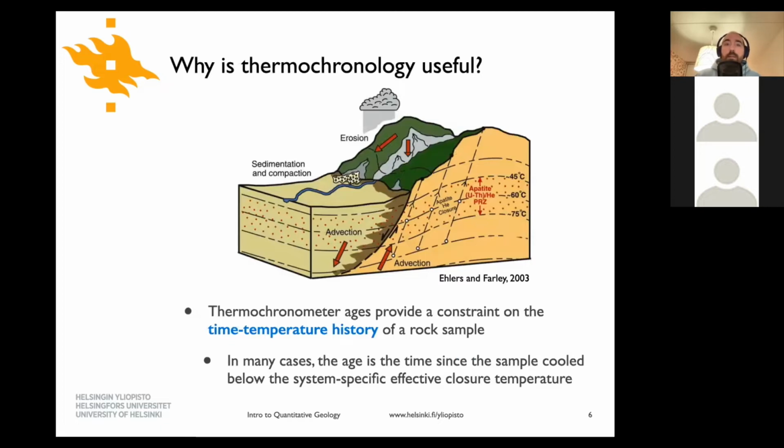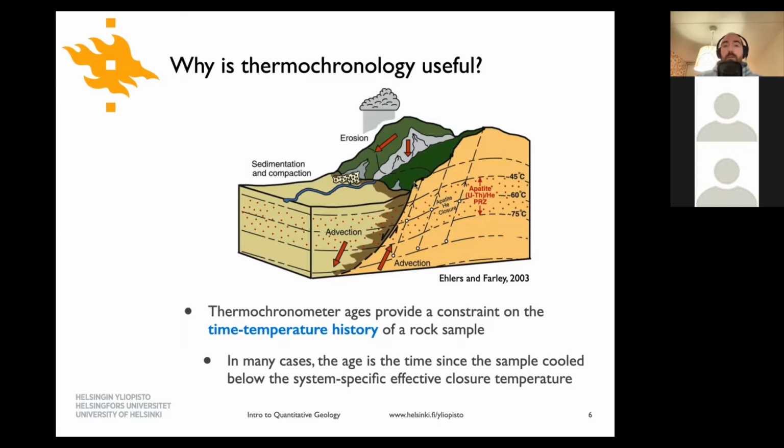Why is this useful? Why do we care about distinguishing low temperature thermochronometers from other kinds of thermochronometers? Well, there are a few reasons. One of them is that, just like any thermochronometer, the history that's recorded in the age is essentially the history of some rock being brought from depth up toward the Earth's surface, usually by erosion if we're using this in a mountainous setting.